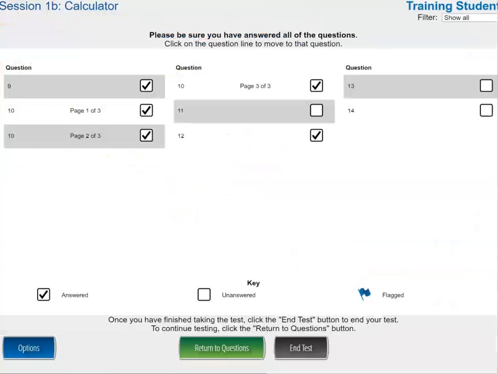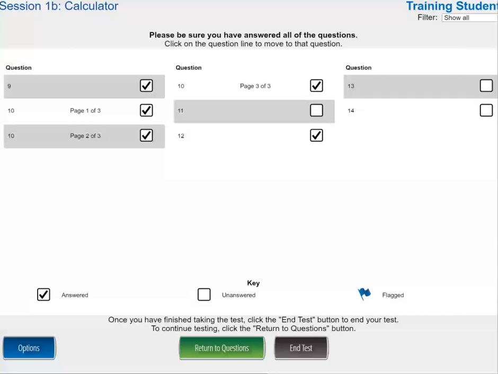So we have come to the end of section 1B, which is the calculator section of the LEAP test. We've only worked 5 parts, but if you'll notice, there's only 3 remaining. So if kids are able to use these strategies using their Desmos graphing calculator, it will assist them in getting more of these items correct. So I strongly recommend sharing these strategies with your students and letting them practice them on these particular items in this online training.